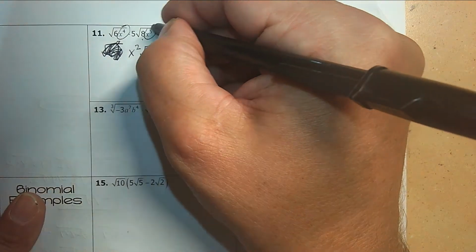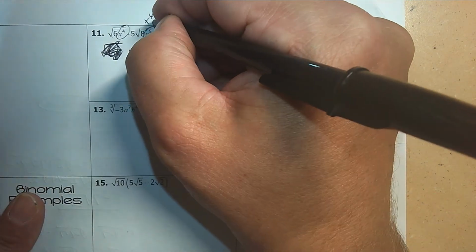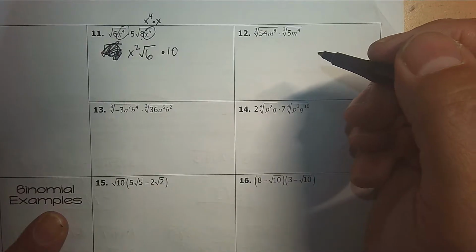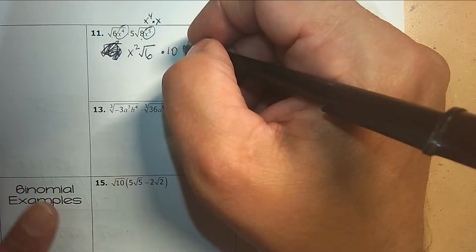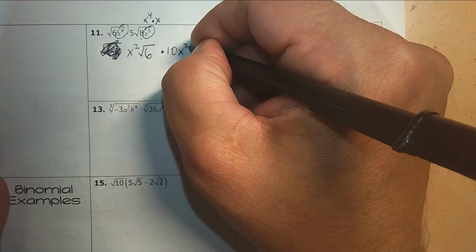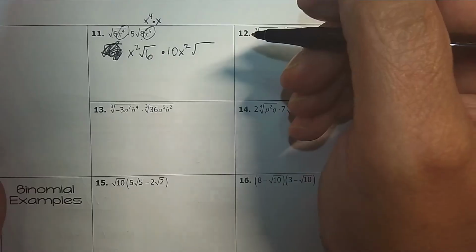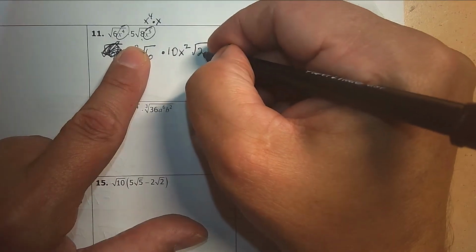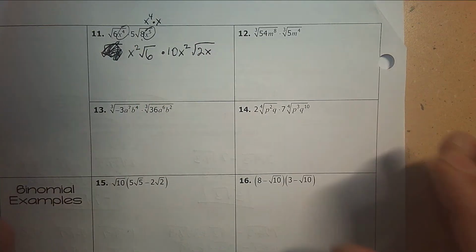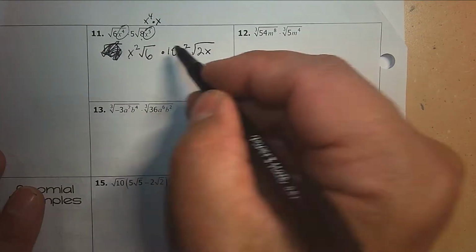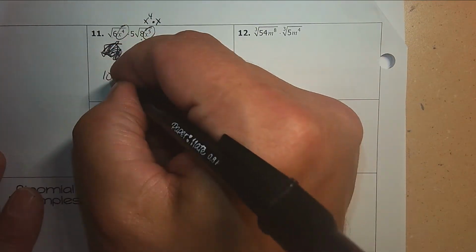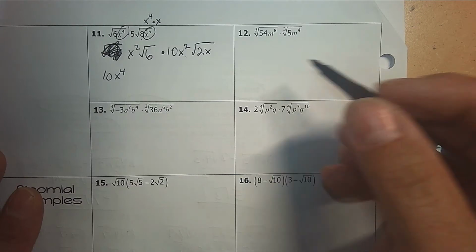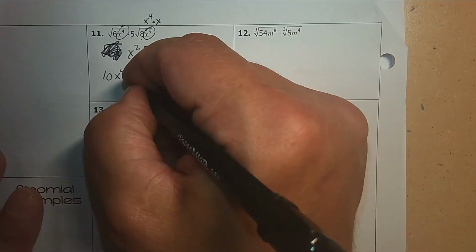X to the fifth can be written as x to the fourth times x. So the square root of x to the fourth is x squared. What's left under the square root sign then is 2 and 1x. Once we've simplified it, x squared times 10x squared is 10x to the fourth, and 6 times 2 is 12x.